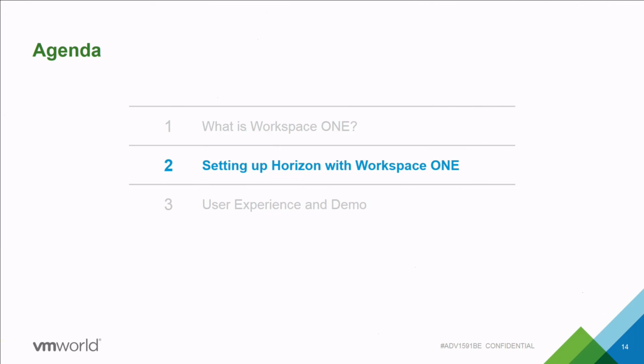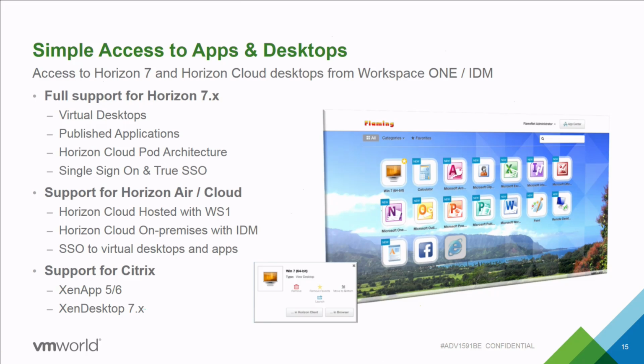So let's go now deeper in how we could add those virtual desktops and remote applications inside the Workspace ONE catalog and allow users to access those applications from any device. Sure. Right. So as you can see, Workspace ONE can incorporate different kinds of application platforms.